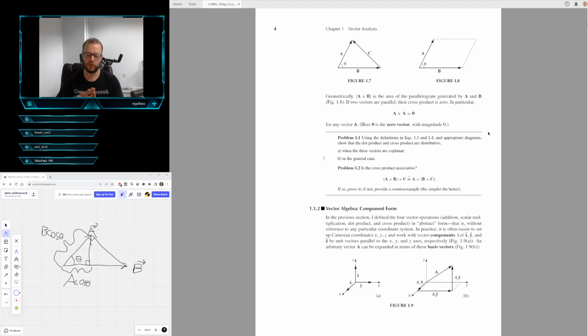So if we're working in two-dimensional space, then as long as your two unit vectors are not parallel to each other, you can have two vectors be the unit vectors, which means that you can break down any vector into components of those unit vectors. Now that's pretty confusing.